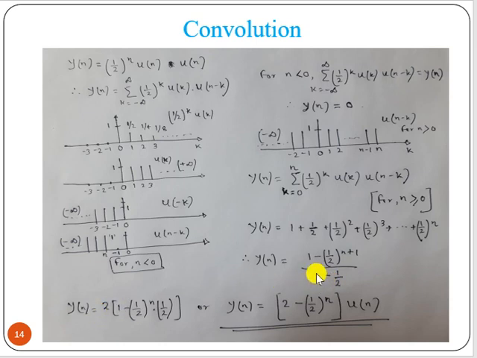Here it will be 2 minus 1/2, so that 2 we can take upside at the numerator. So 2 into 1 minus (1/2)^(n+1), which we can write as (1/2)^n into 1/2. Now you can bring the 2 into the bracket, and the 1/2 cancels out. So that will be 2 minus (1/2)^n u[n].